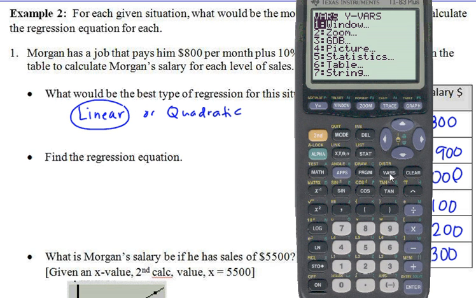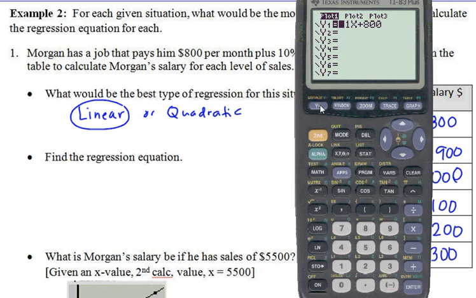So VARS, then Y-VARS, so over to 1, then 1, so enter for function, and enter for Y1. And then enter again. What that does is put your regression equation in Y1 for you, so you don't have to type it in there. Especially when there are a lot of decimals, that saves you so much work.